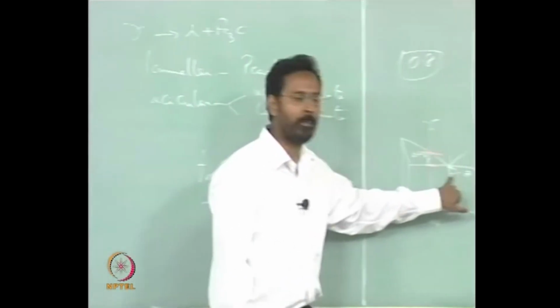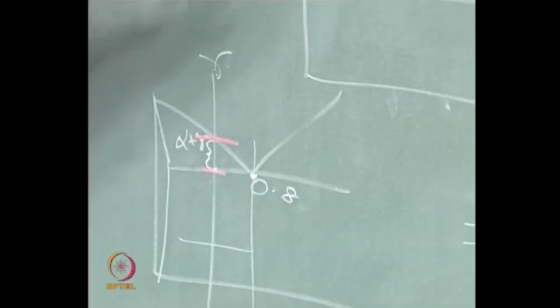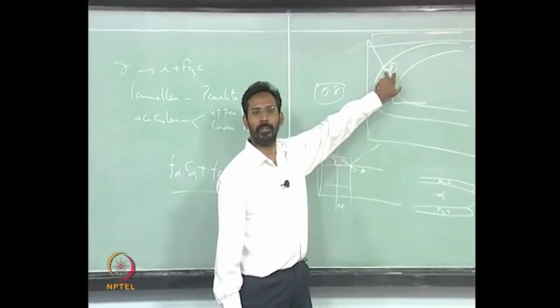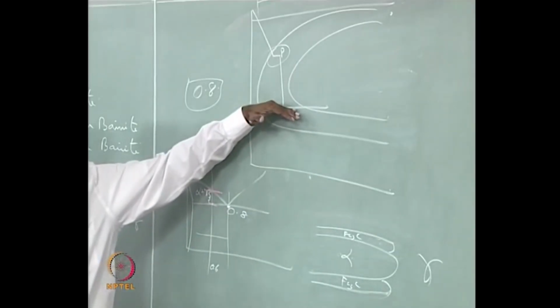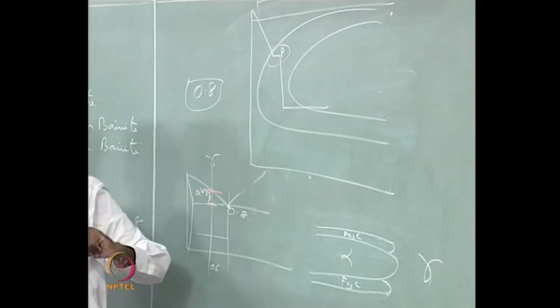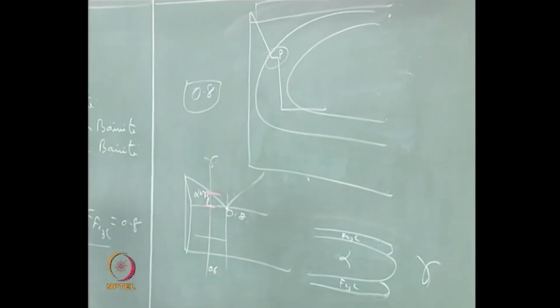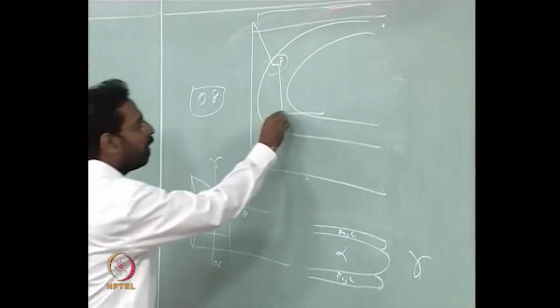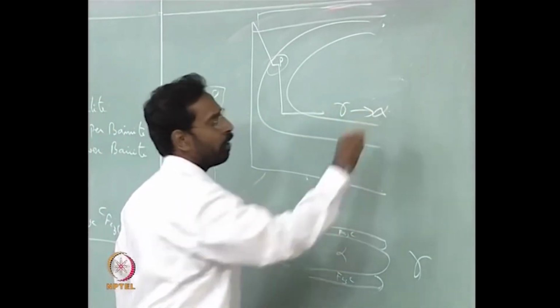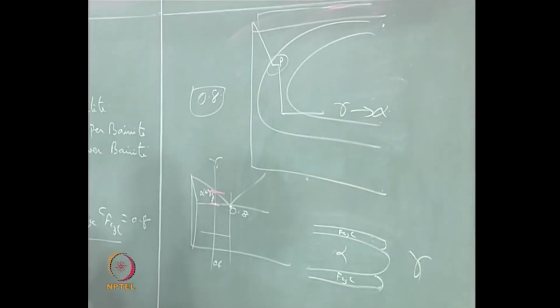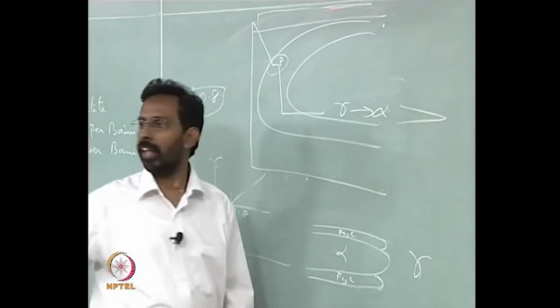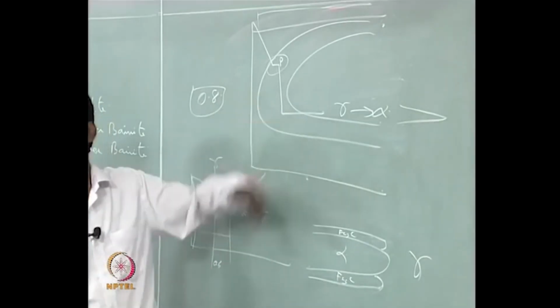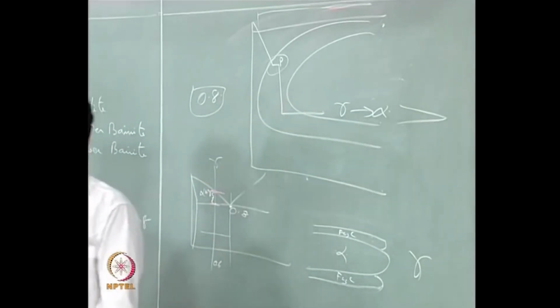It is because gamma of 0.8 is giving you this. So we can say that this perlite would have 0.8, but some regions of gamma will be left out. That gamma, because it is not stable at that temperature, wants to nucleate something, and that is where this gamma would undergo a polymorphous transformation and give you alpha in some other regions of gamma, which will be acicular in nature, and depending on where you have held it, that may give you either lower bainite or upper bainite.